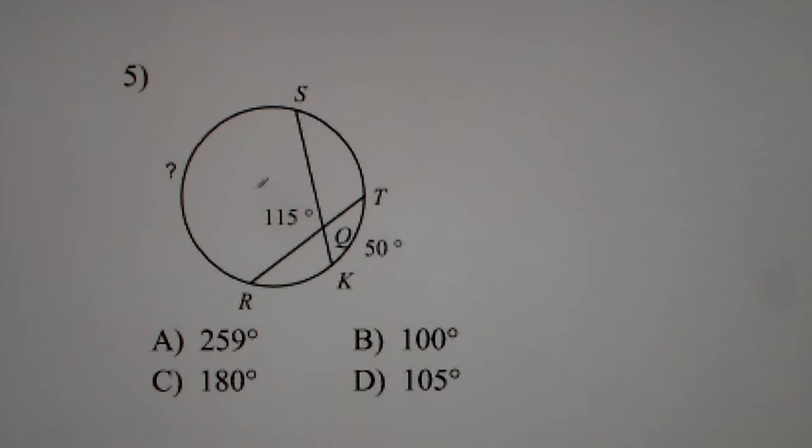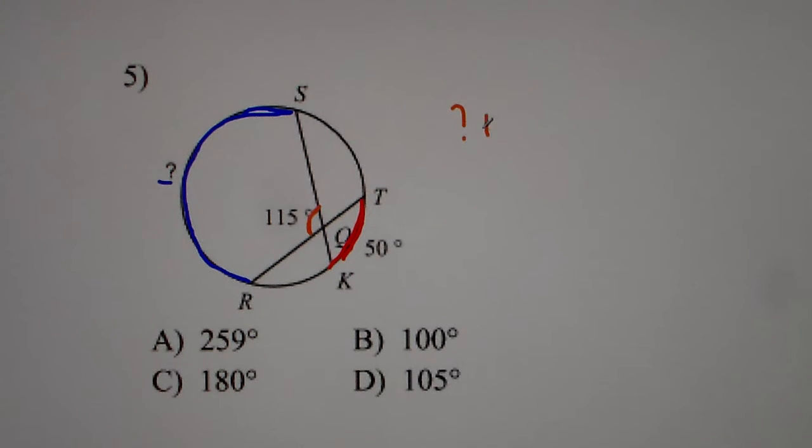Look at number 5. Our red arc is 50 degrees. Our blue arc is the question mark, what we were trying to find. And the orange one is on the inside. So we know the blue arc plus the red arc divided by 2 gets us this orange angle. So we write it out.